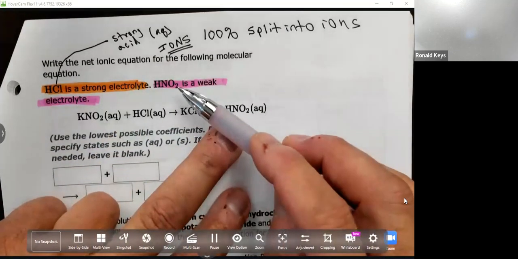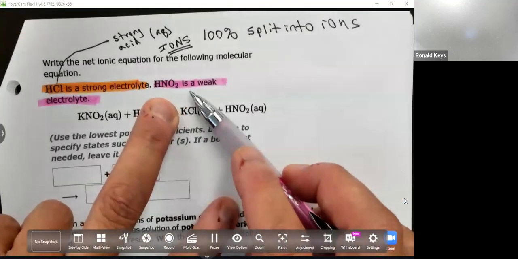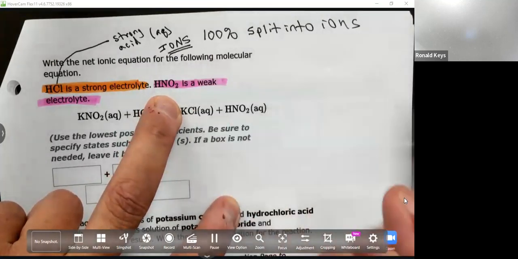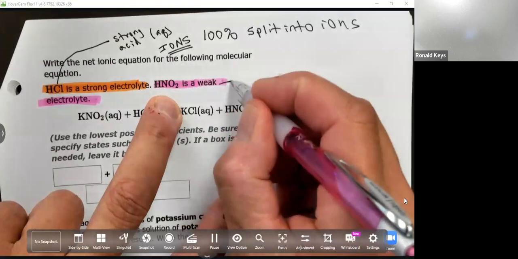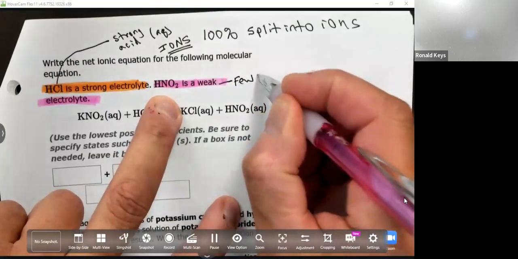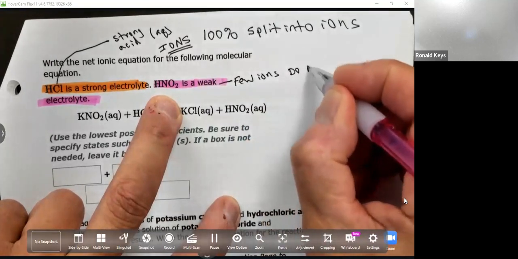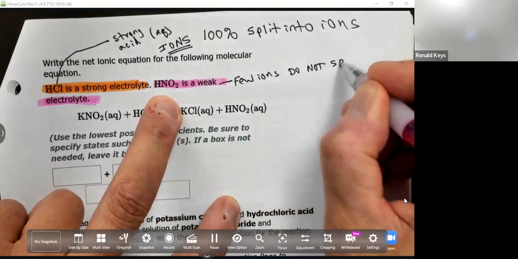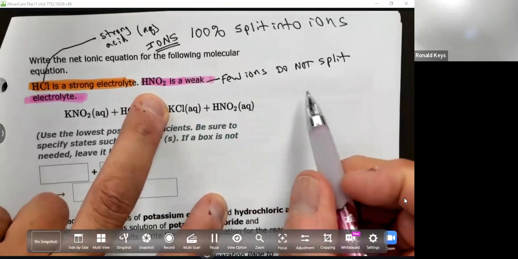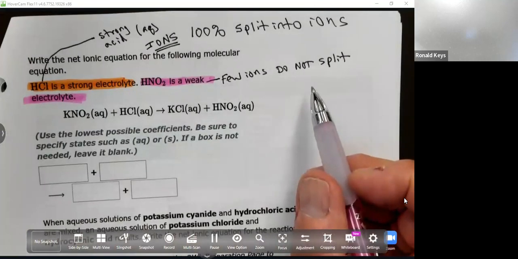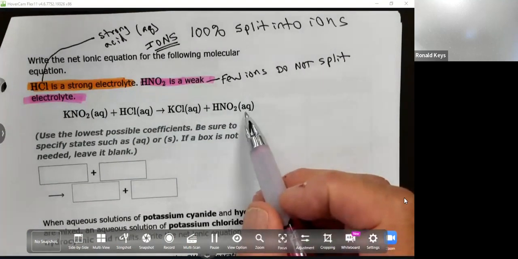And this is the definition of a weak electrolyte: how many ions are you going to get? Maybe 5 out of 100. You get very few ions, so do not split. But it still says aqueous because it's still dissolved in water. This is like sugar. You still write sugar as aqueous, but you don't split up all the carbons, hydrogens, and oxygens.